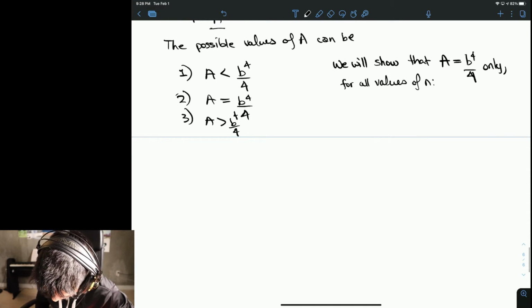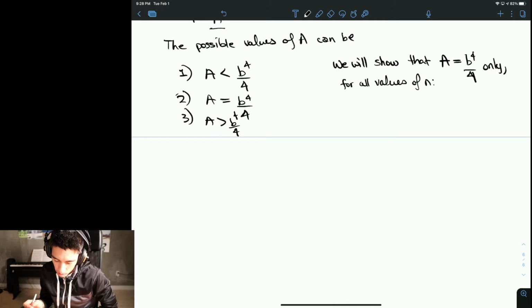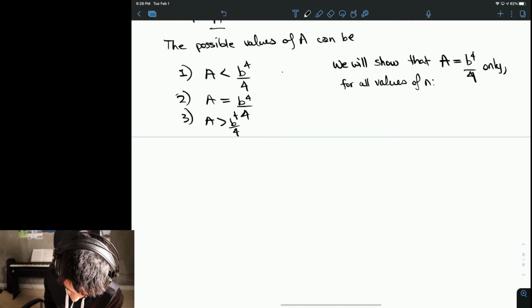And we'll do this by a contrapositive proof. We will show that the other cases don't make sense.